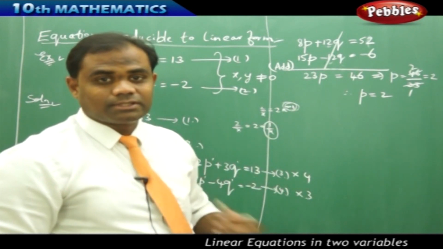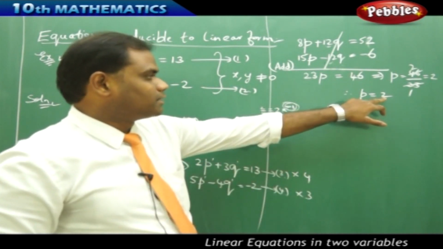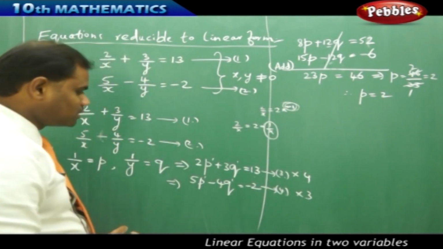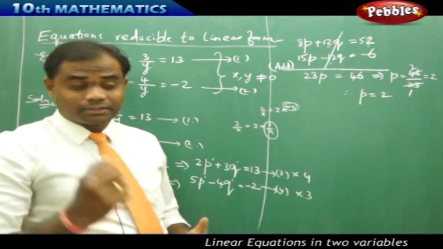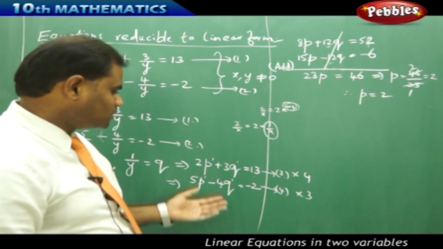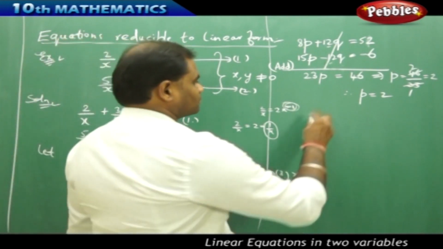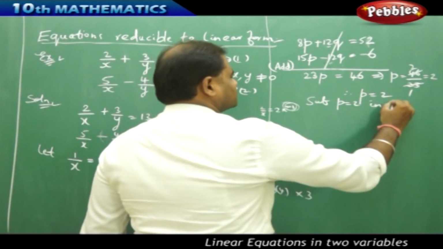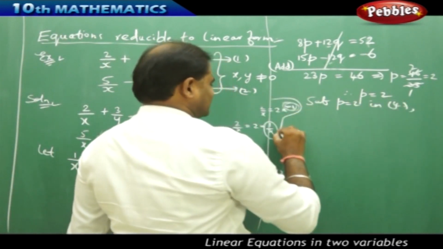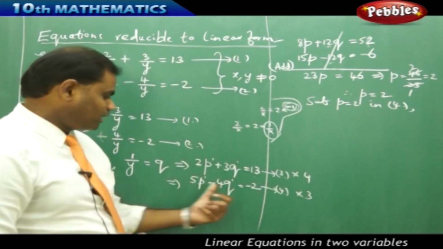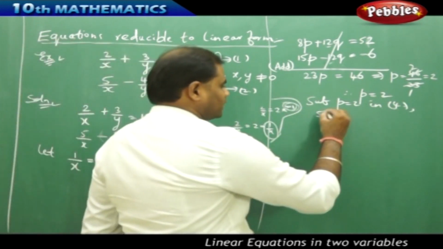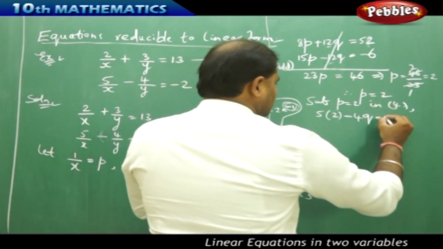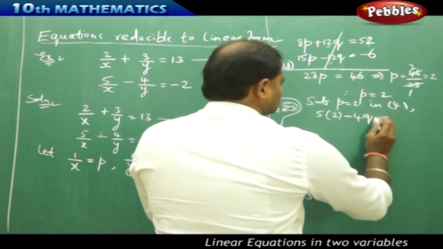Now, the next question here is that I have to find the value of q using the value of p. So I substitute in one of the equations, which is very simple. Therefore, I substitute this in equation 4. Substituting p equal to 2 in equation 4, I get 5 times 2 minus 4 times q is equal to minus 2.